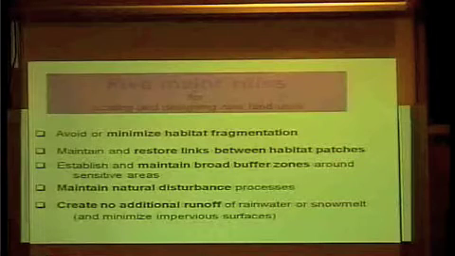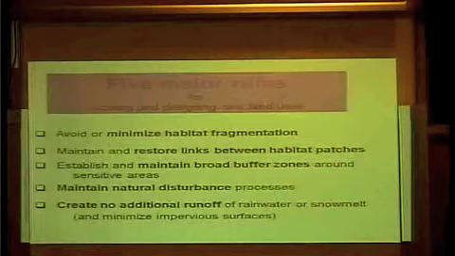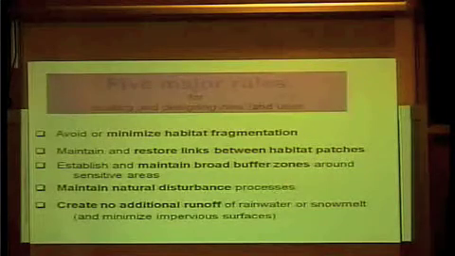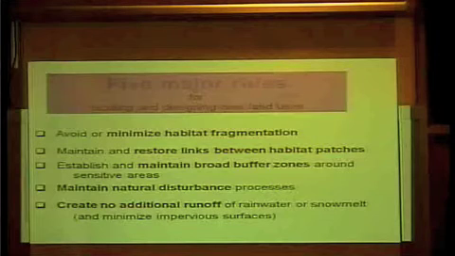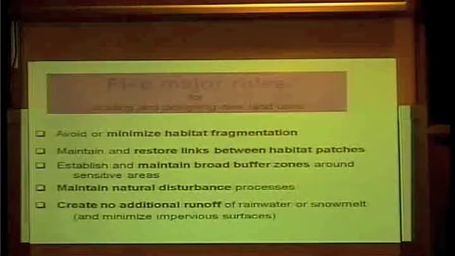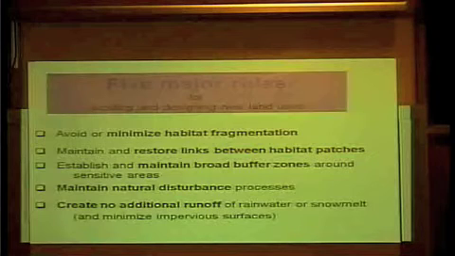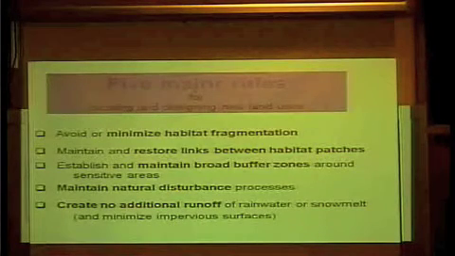This is just what we consider 5 basic rules for promoting native biodiversity in the region: minimizing habitat fragmentation, maintaining and restoring links between habitat patches, and this would include patches on your own property and links with patches outside your property boundaries.